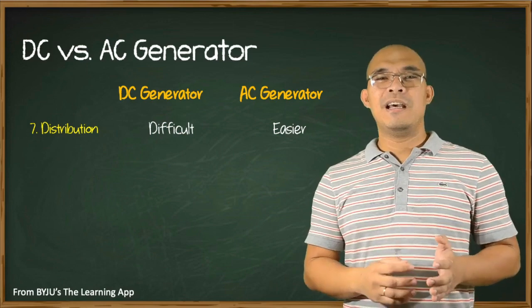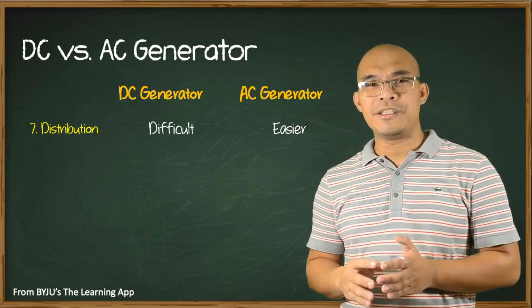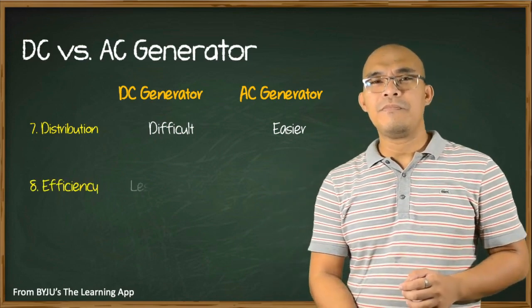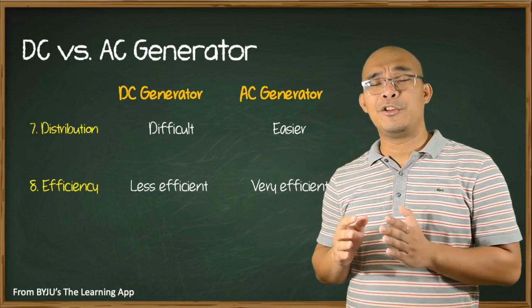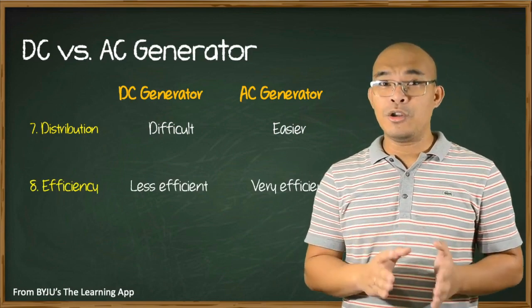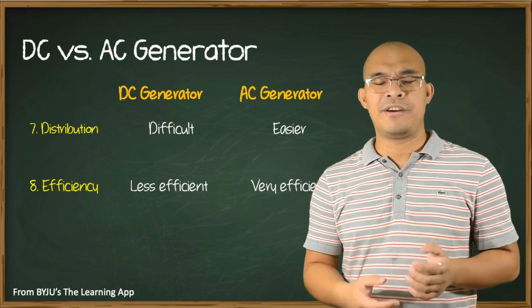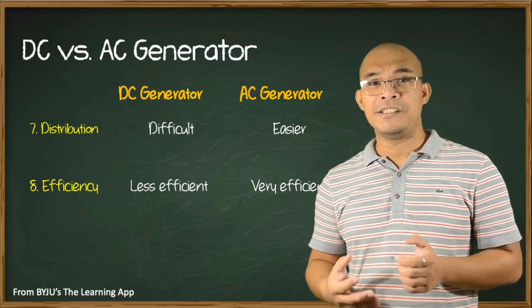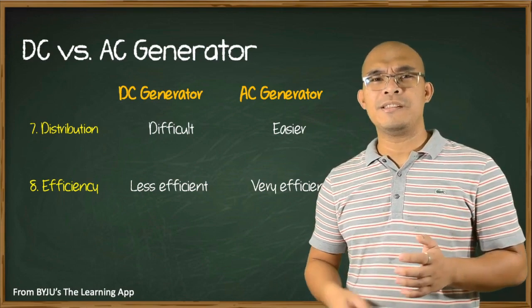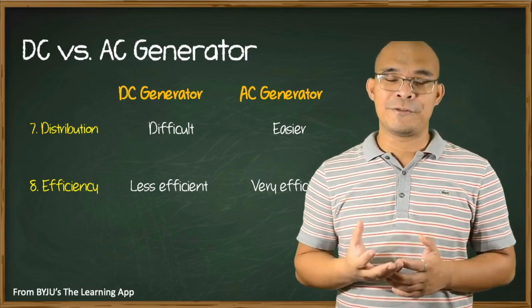On the other hand, the output from an AC generator is easy to distribute using a transformer. Lastly, DC generators are less efficient due to sparking and other losses such as the copper, eddy current, mechanical and hysteresis losses, while AC generators are very efficient as the energy losses are less.